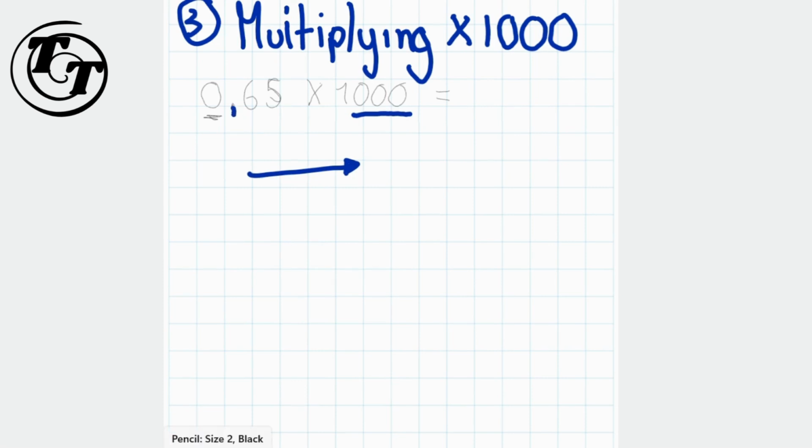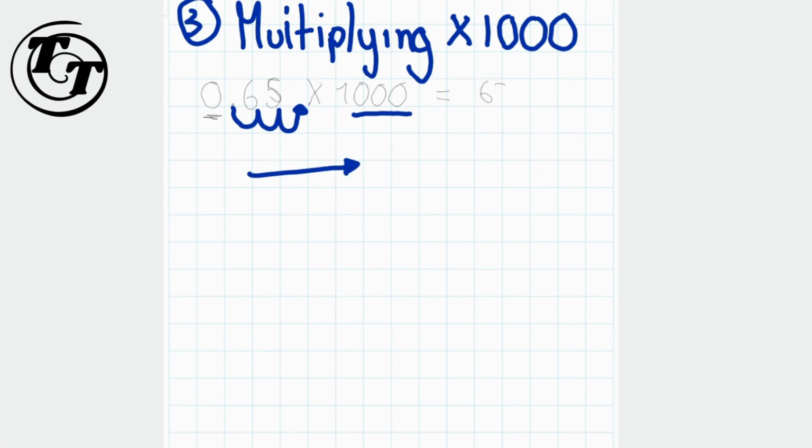So we take our decimal point 1, 2, and 3. Wait, Miss Tanya, but what do I do? I don't have more digits. I only have 2, and I jumped 3 times. Well, we fill the spaces with zeros. The zero is our placeholder.